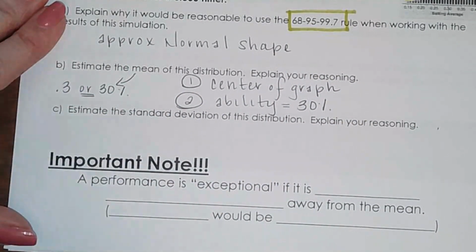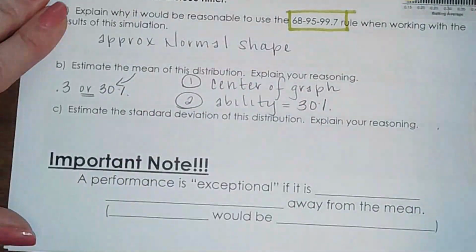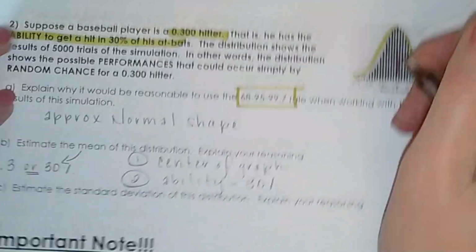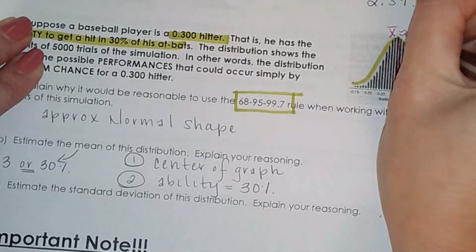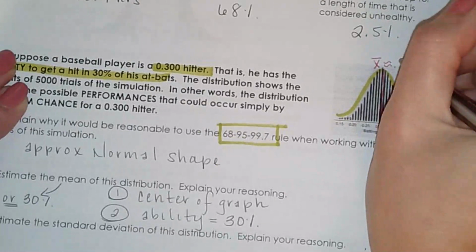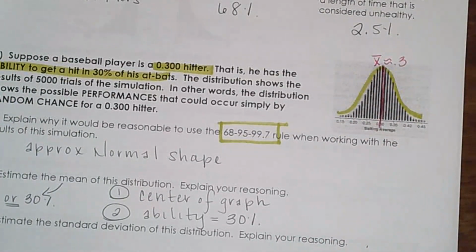Letter C, estimate the standard deviation of the distribution. So we estimated standard deviation back in chapter 7. So let's take a look. Remember, when we estimate the standard deviation, the first thing we want to do is estimate our mean. And we said above that our mean is estimated to be around 0.3. Now, where do I think the standard deviation is?